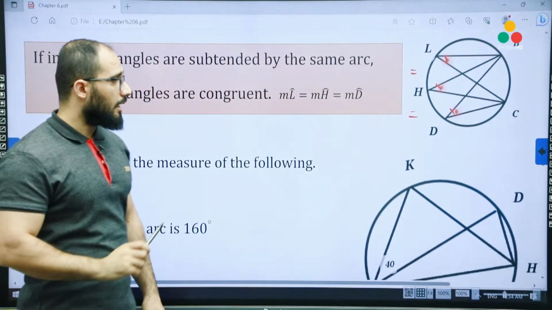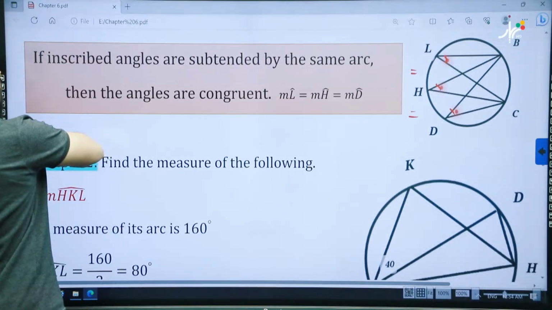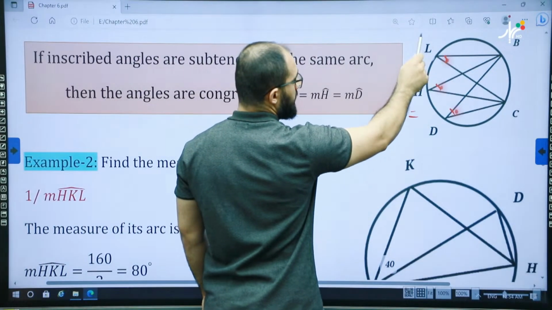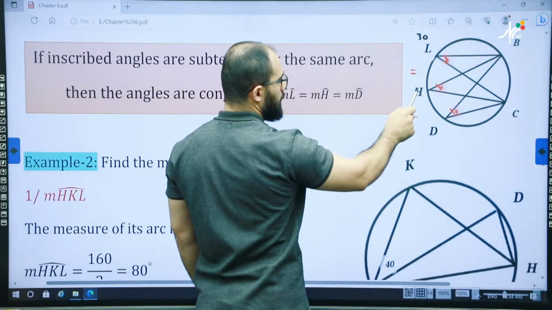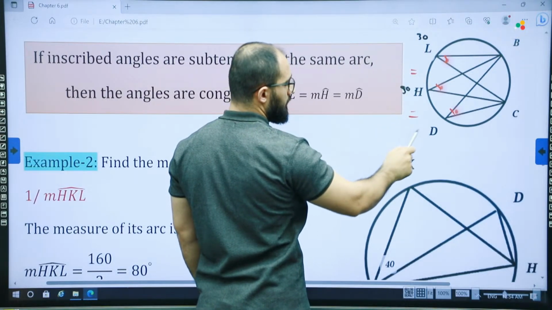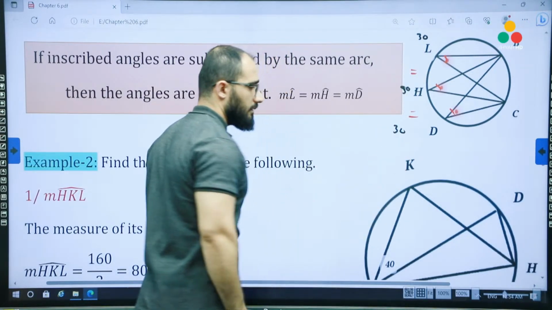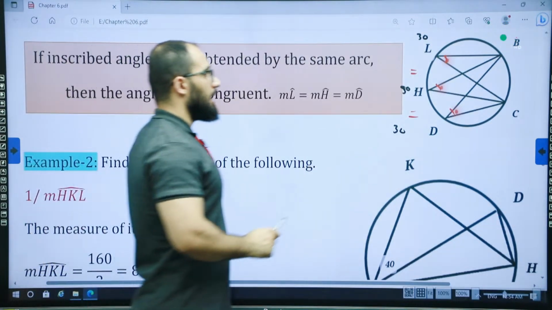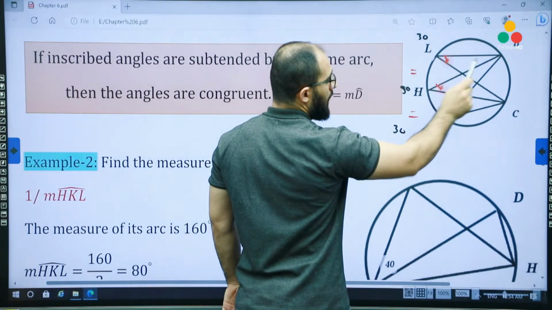They are equal. It means if the measure of L is 30, then the measure of H is 30, the measure of D as well, it is 30. Why and how? It says if they have the same arc.